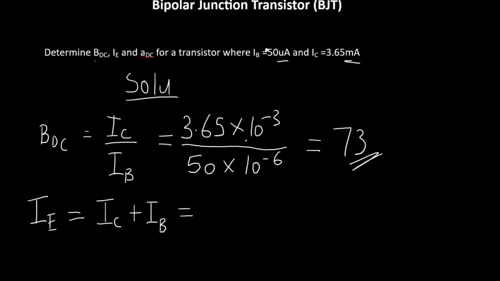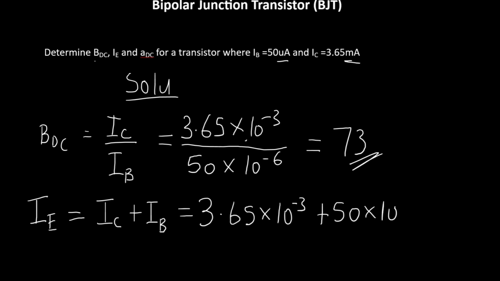So we have 3.65 times 10 raised to the power minus 3 plus 50 times 10 raised to the power minus 6. When we add up, our answer is 3.7 milliampere.